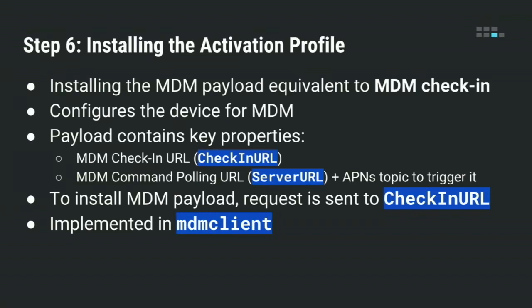First, there's going to be the check-in URL, which will be used in the immediate, as well as a command polling URL, which will be used later on. That also includes the APNS topic that you can use to tell the device via push notification to poll the command polling URL. So to install the MDM payload, in the immediate, a request is only sent to the check-in URL. This is, again, implemented in MDM client.